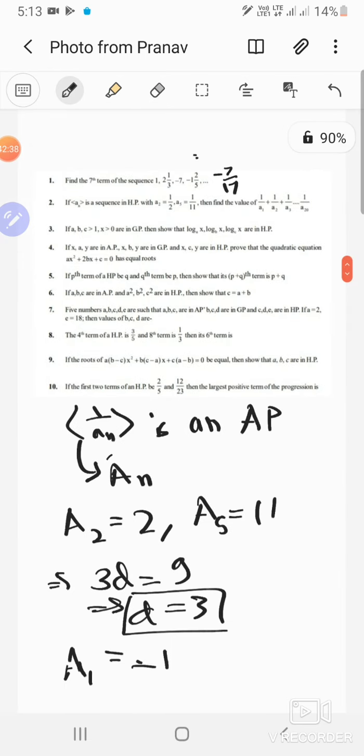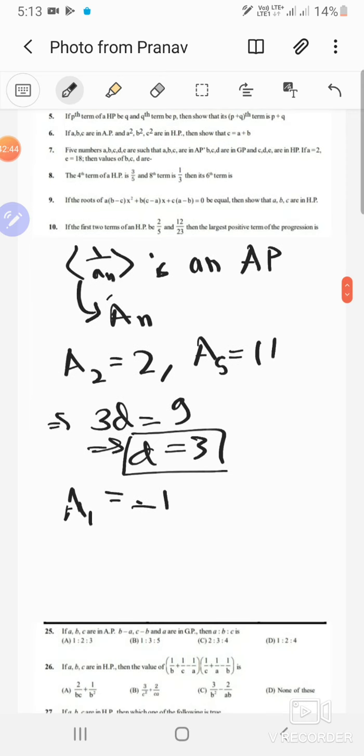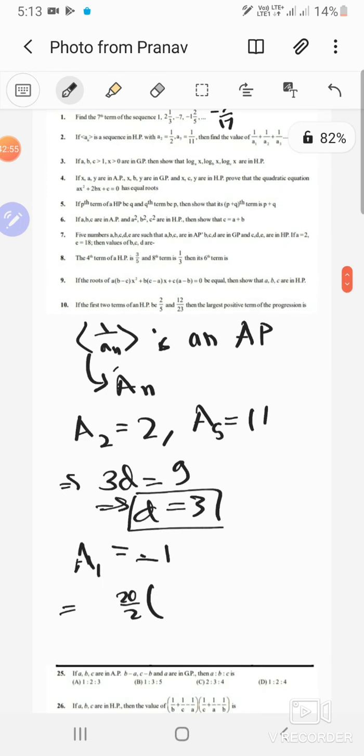We have to find capital A1 plus capital A2 plus capital A3 all the way till capital A20. That can be written as 20 upon 2 into capital A1 plus capital A20, or as 20 upon 2 times 2 capital A1 plus n minus 1, which is 19, into the common difference, which is 3.